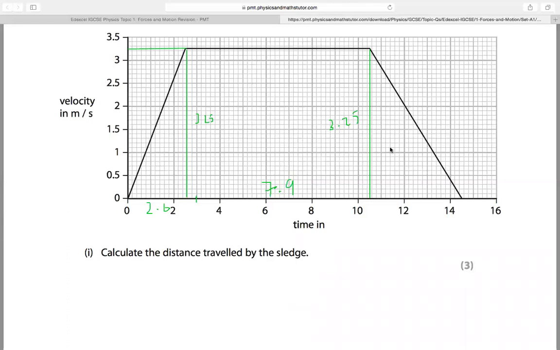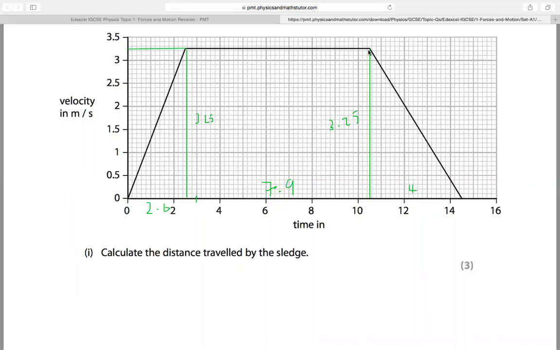Then we look at the third shape, also a triangle. So I have half times base times height. My base, I'm going from 10.5 to 14.5. 14.5 minus 10.5 will give me 4. So my base is 4.